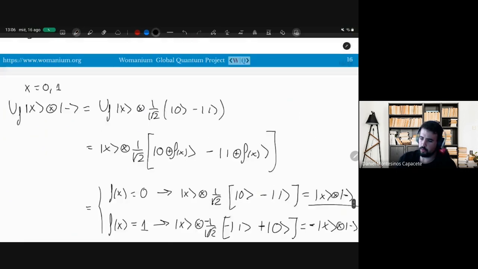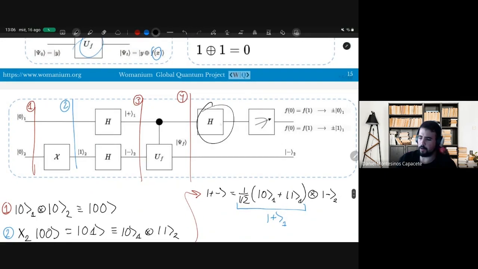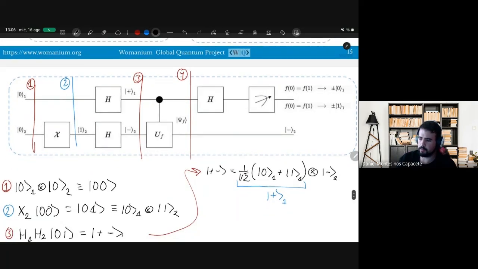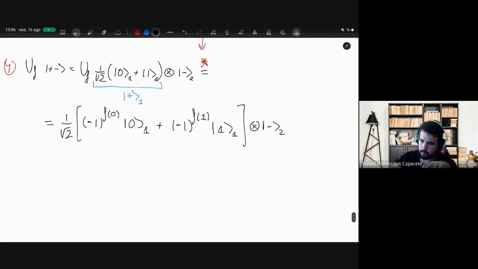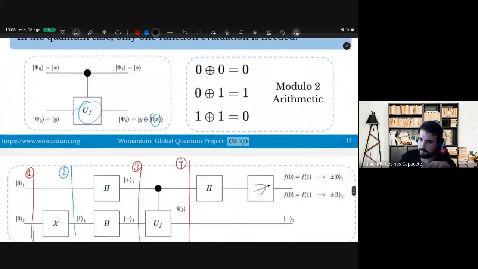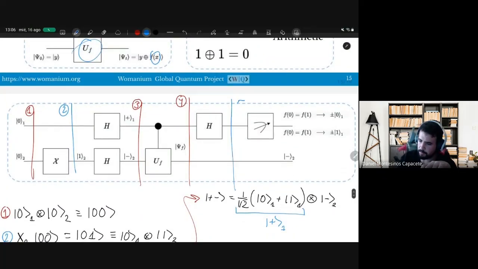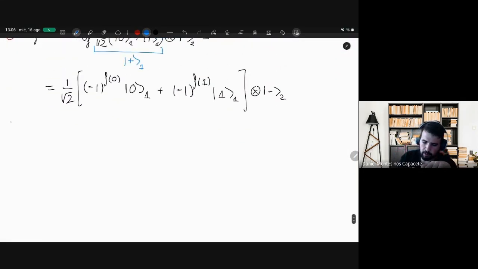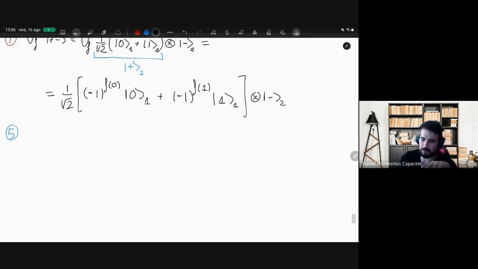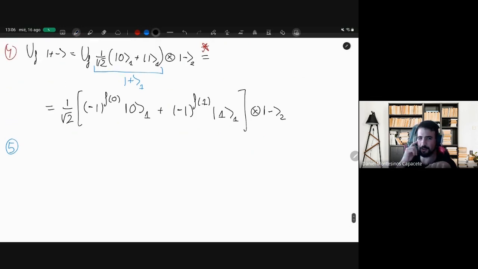Very well. So at this point, what do we do? Now we apply a Hadamard operator on the first qubit. Let's say 5 here. I'm changing the colors, I don't know why, but I hope it is not confusing. I know there is no special reason for changing the colors. So this is our final state.